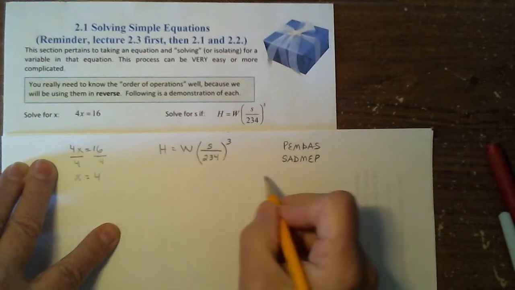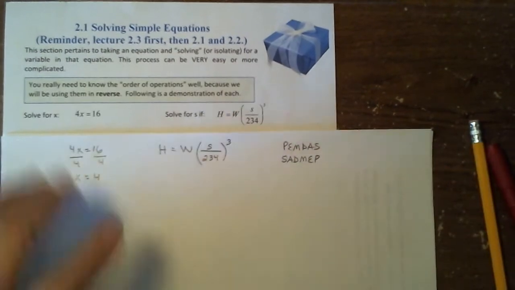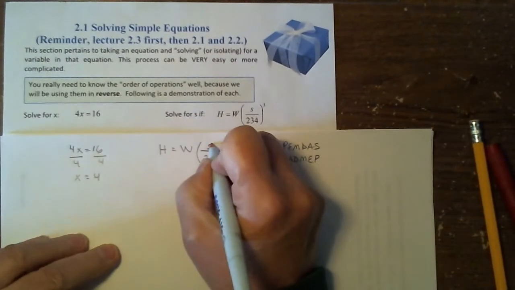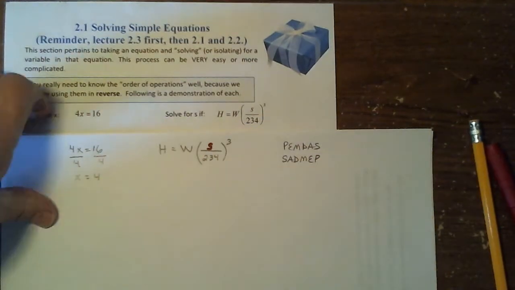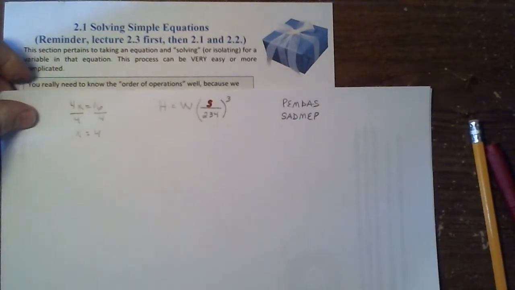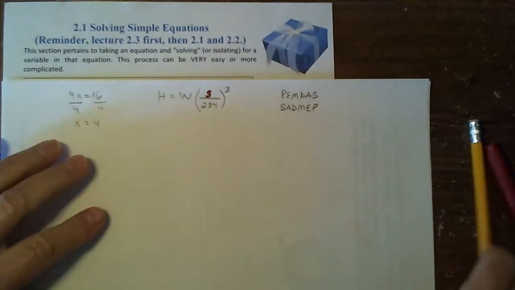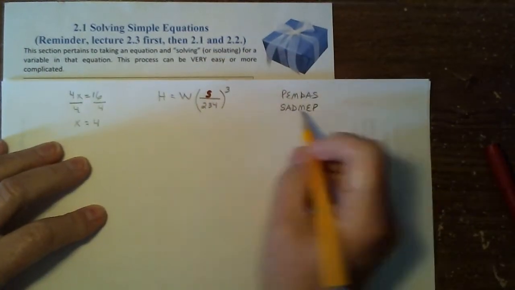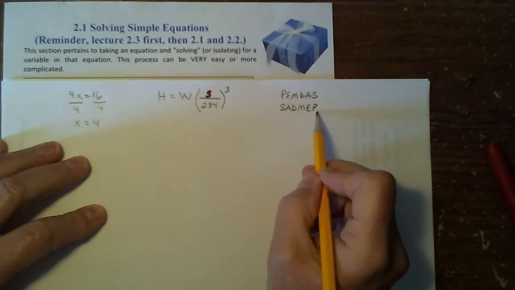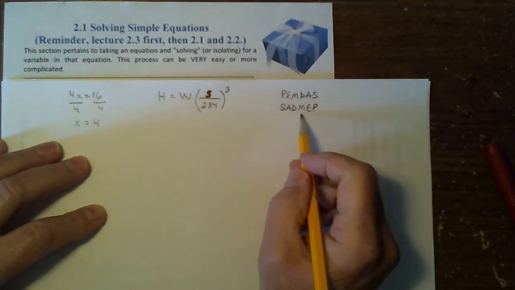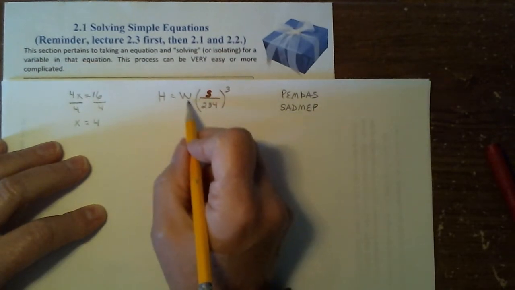Okay, so I'm going for s, and I'm going to go ahead and put that in red so it's a little bit more obvious to me what I'm doing. And I'm going to manipulate this equation so that I can solve for s. And the first thing that I'm going to do is I'm going to get rid of this w. I don't have any subtraction or addition going on, and the division that I have going on is inside the parentheses, and he's last in line. So I'm going to do the multiplication part first. I'm going to undo that.